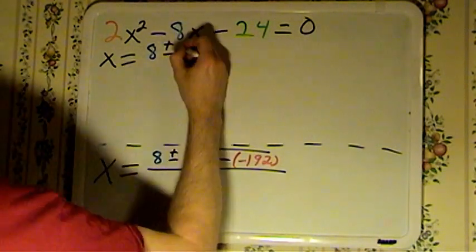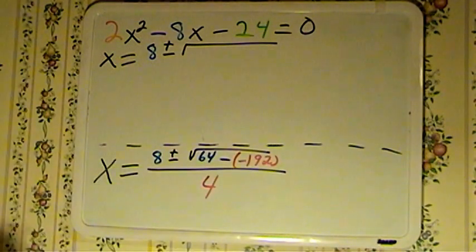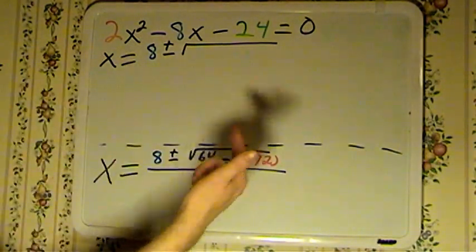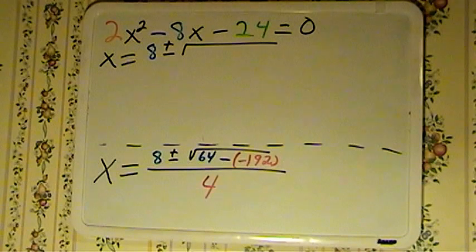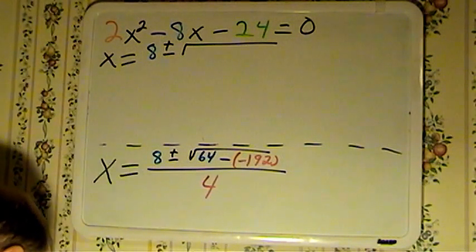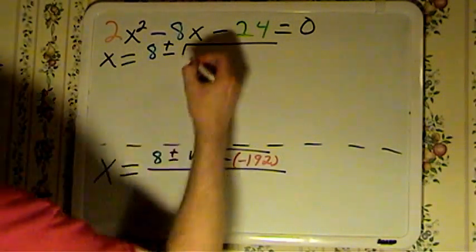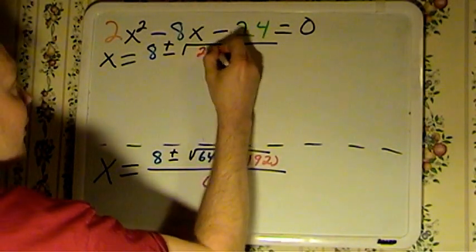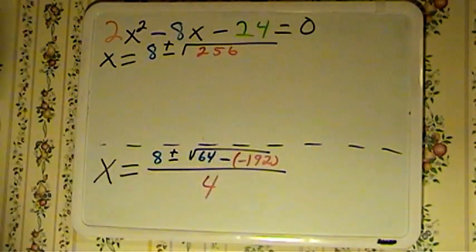So minus square root. Okay, now we've got to take 64 and subtract negative 192 from it, which is the same as adding, because you have two negatives. So you're going to wind up with the square root of, I'm out of color, so we're going to keep representing this in red. Square root of 256.